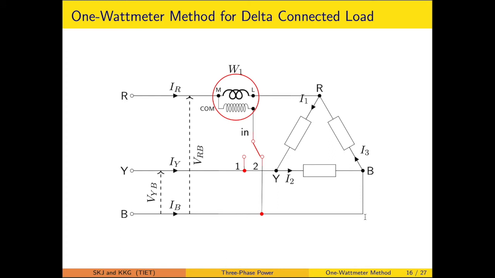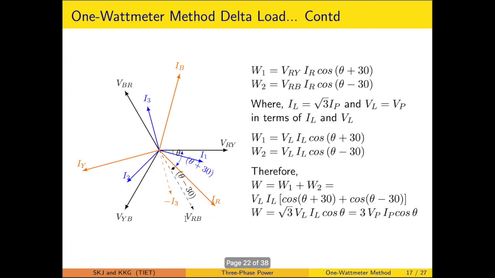Now for the delta connected load, the procedure is simple. Only thing is that instead of the line voltage, here we have to mark the line current IR. IR is marked as such, which comes out to be I1 minus I3. We will have a measurement between IR and VRY, which yields theta plus 30 degrees.